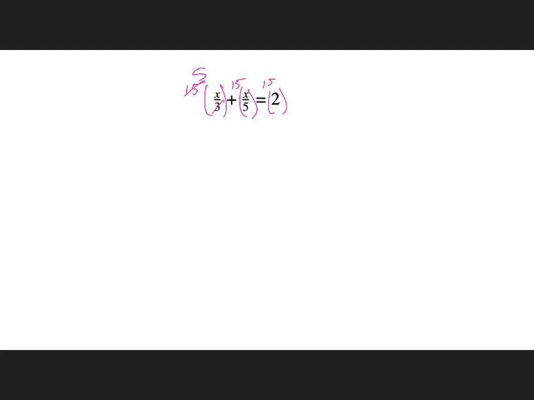So that's a 5. 5 turns to a 1. 15 is going to become a 3. And I'm going to multiply the 15 times 2. So I have 5x plus 3x is going to equal 15 times 2. So I'm going to combine that. 8x is going to equal 30.